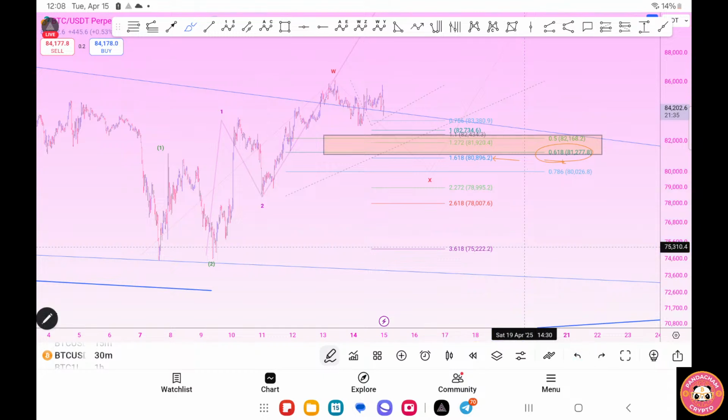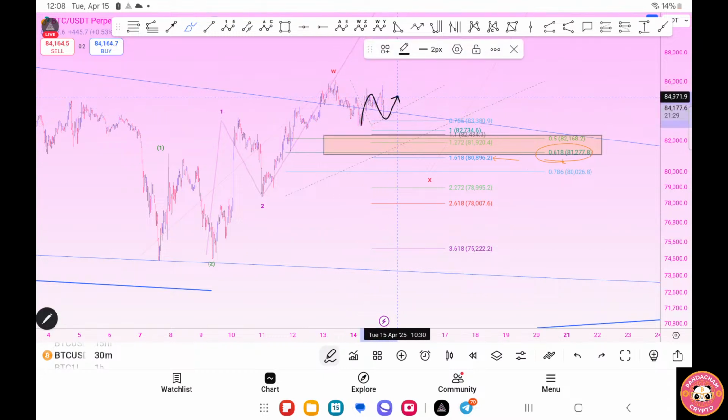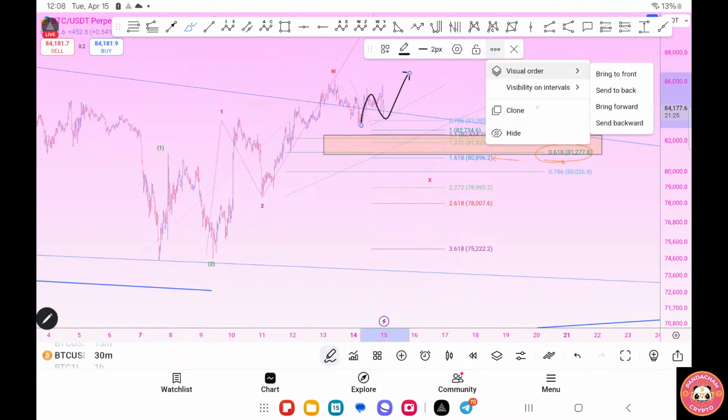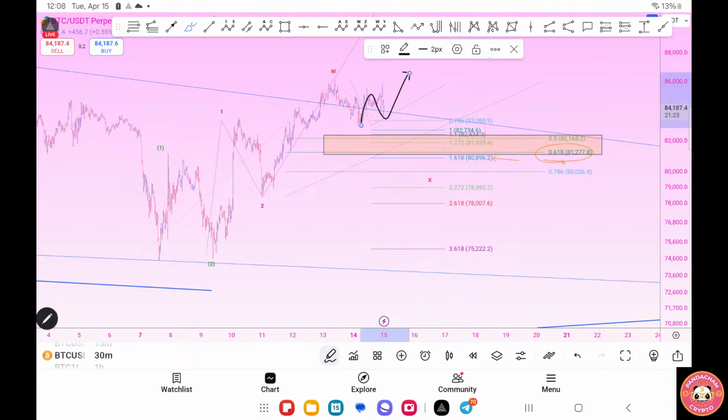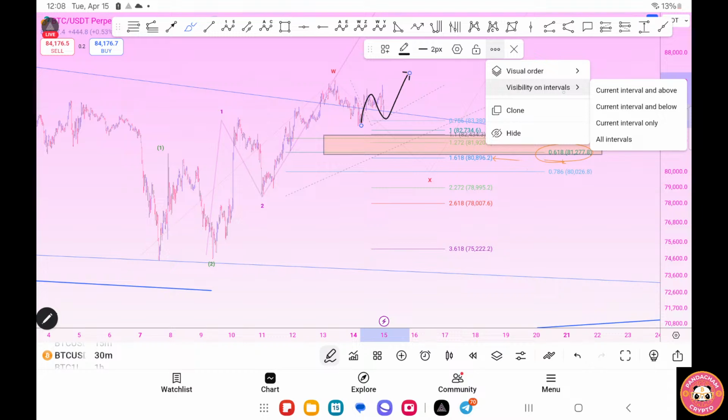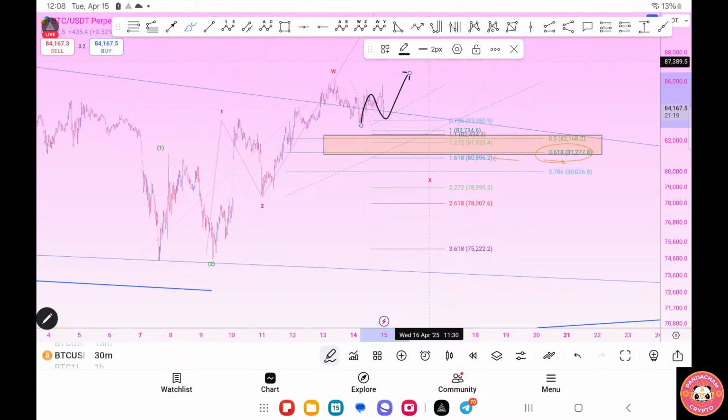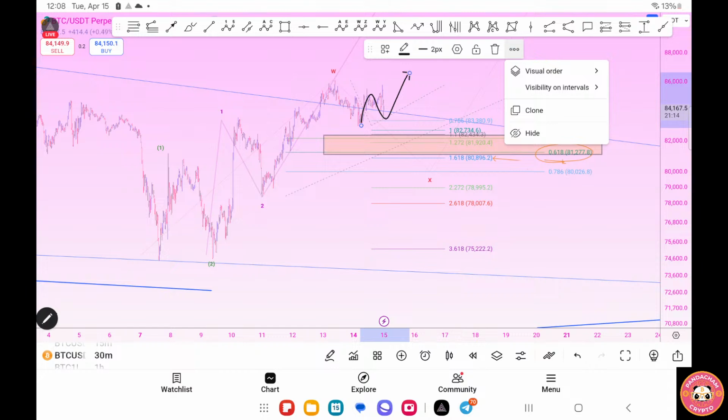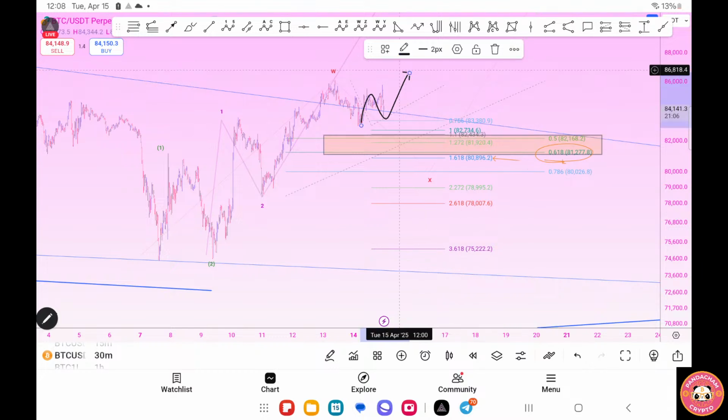Because this is my first live stream, I'm gonna make it short. I'm just gonna say there is the potential that this could end up being an expanded flat. Actually, let me do a little bit of settings here. How do I set this?